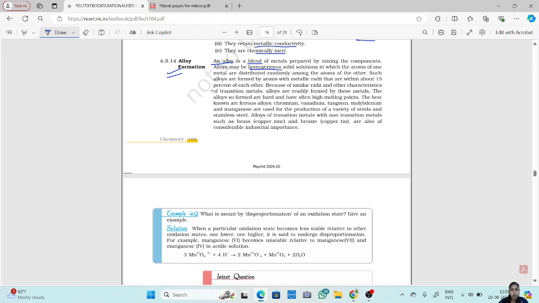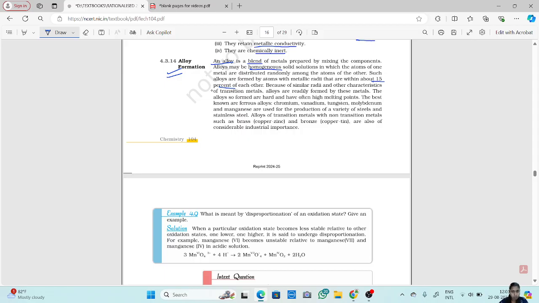Such alloys are formed by atoms with metallic radii that are within 15% of each other. So if you want to make a homogeneous metal alloy, then the metallic radii should be within about 15% of each other.